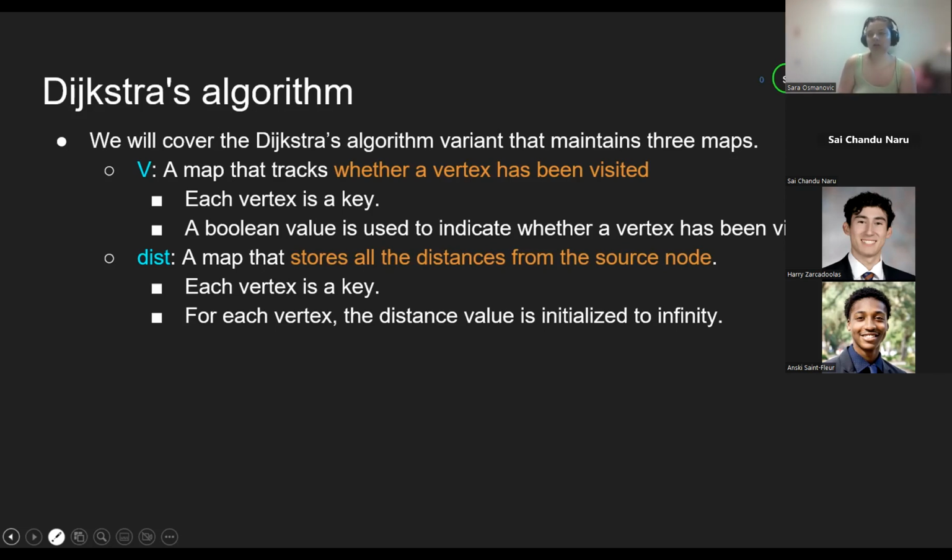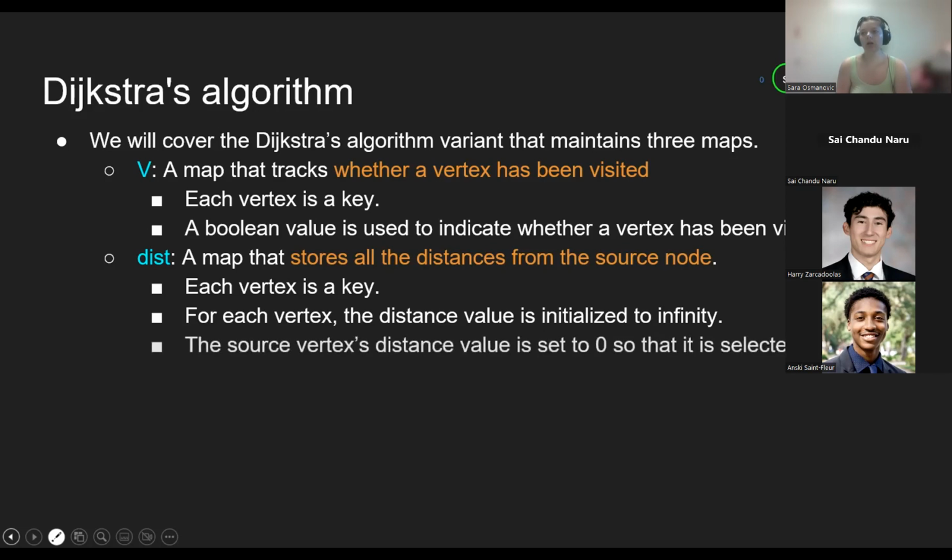At initialization, all of these distances are set to infinity because Dijkstra prefers the smaller values, and you want something very, very large to be the initial value so that it doesn't interfere with the performance of the algorithm. The source vertex distance value is set to 0, and that way it is selected first when you read the map.